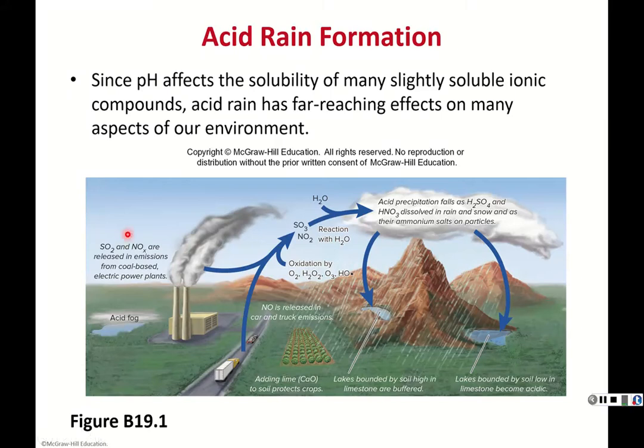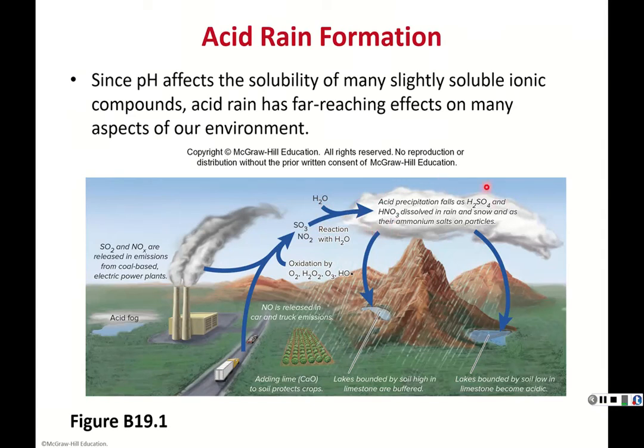Okay, you have gaseous compounds like SO2 and certain nitrogen oxides released by burning, one of the ways being the burning of coal. You also get some NO emissions released from burning car fuels. They can be oxidized by either oxygen in the air, hydrogen peroxide, ozone, or superoxide radical, and they produce things like SO3 and NO2, which then can react with water, and this is what makes acid rain.